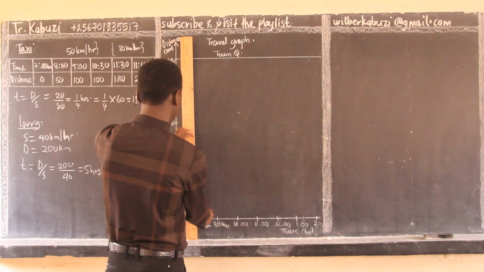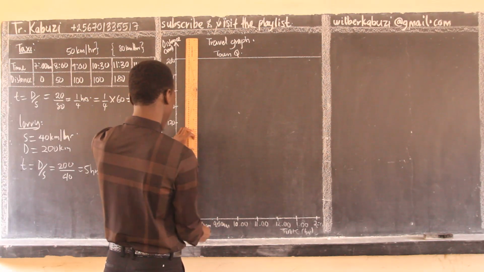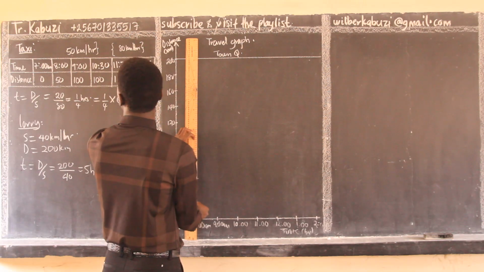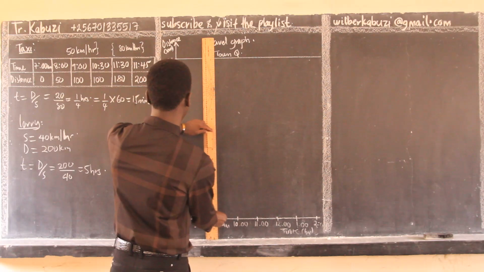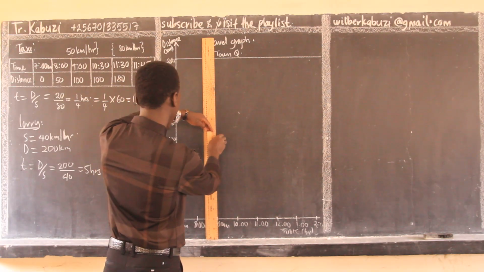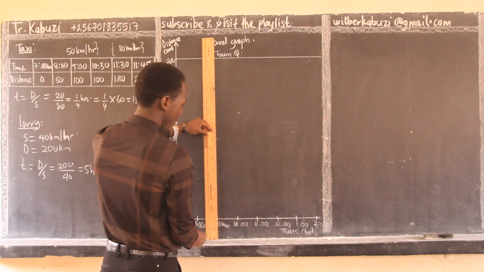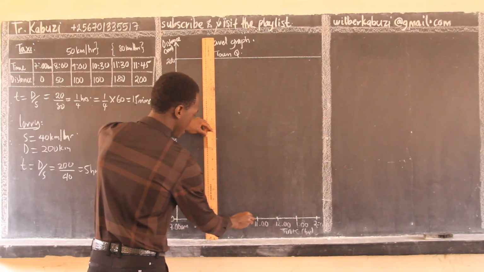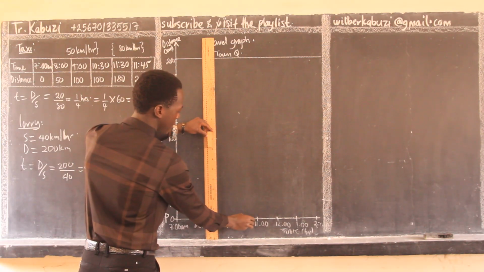So 8, then 50, around there. Then I come to 9, it was at 100, so 100 is there. Then here there was the mechanical problem, so you see up to 10:30. This is 10, this is 11, so 10:30 is in the middle of these two, around there.